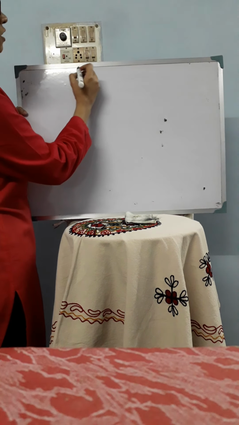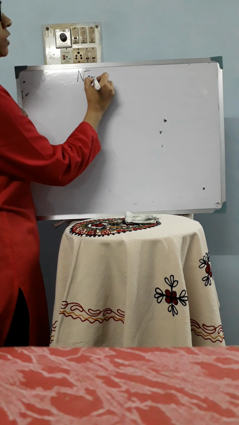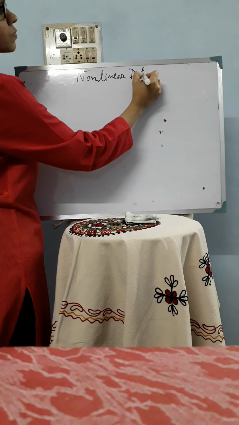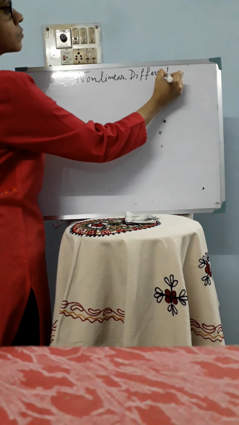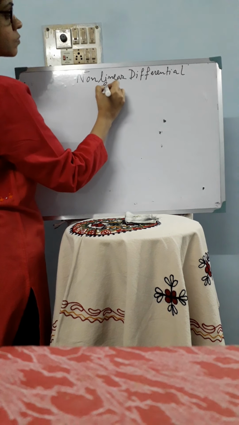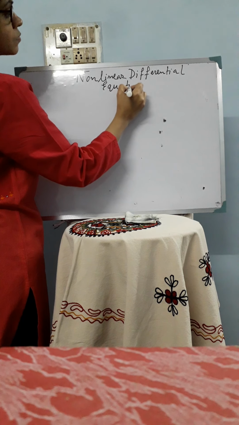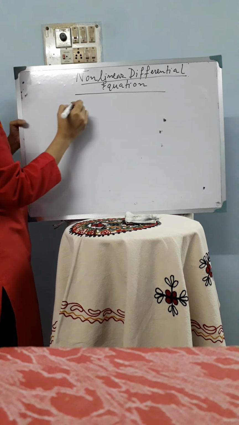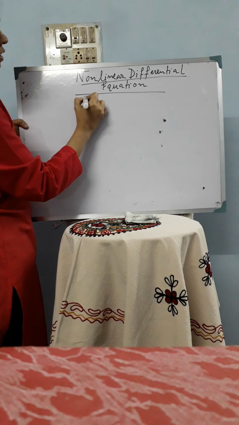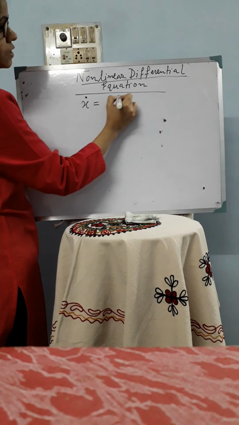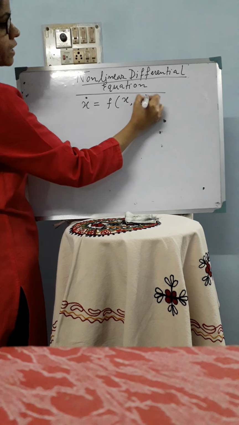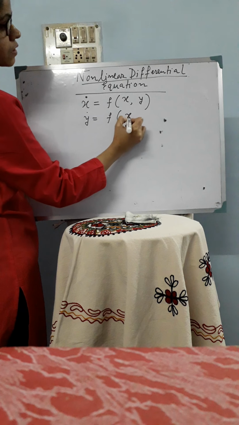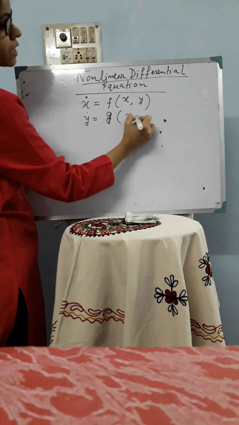Next we shall consider non-linear differential equations. So here we have two equations. x dot is a function of x, y, and y dot is a function of x, y.